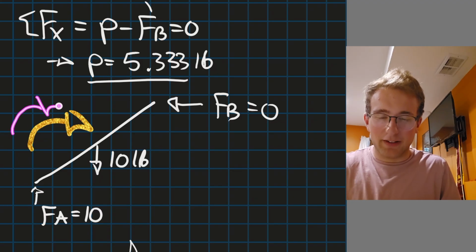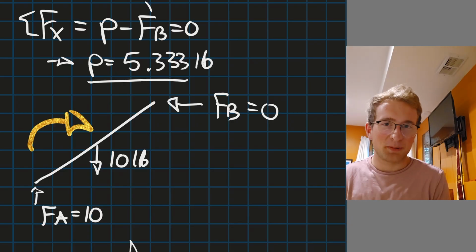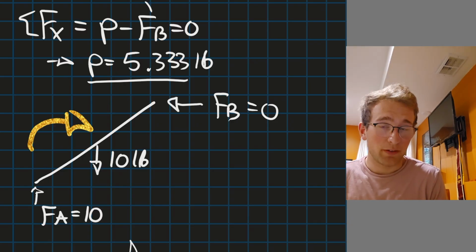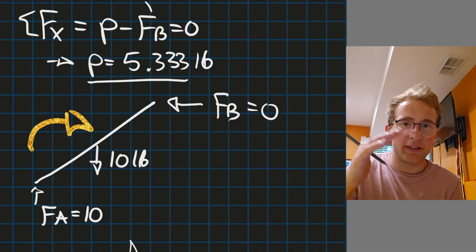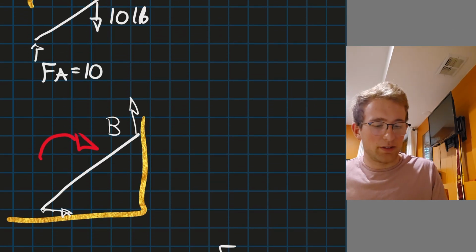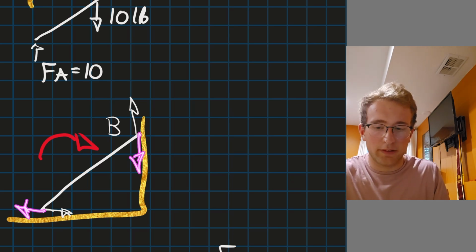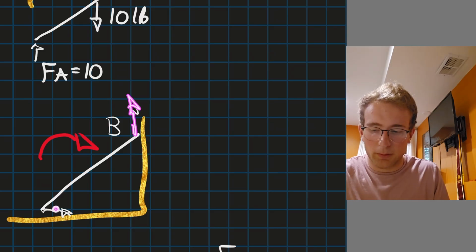And we found the ladder wants to rotate clockwise. So at the minimum value of P that we just solved, actually, the ladder wants to rotate clockwise, but friction opposes that. So we looked at how the ladder will move if it rotates clockwise, and we drew the frictional forces to oppose that motion.